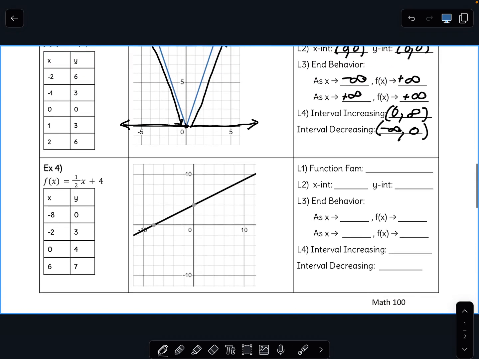All right, and then let's look at example 4. This, you can see, is a straight line. We have x to the first power. This is a linear function. So let's look for our x and y intercepts. So here's our x-intercept right here. It looks like it's at (-9, 0).